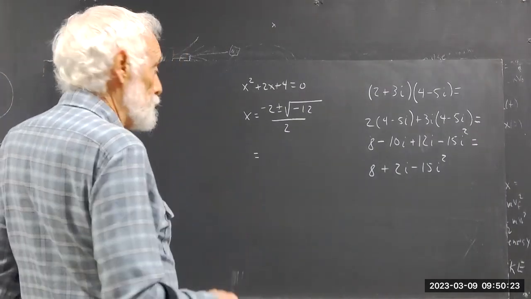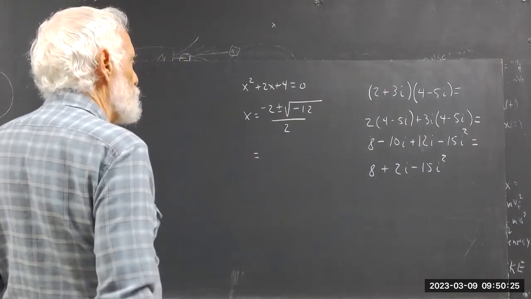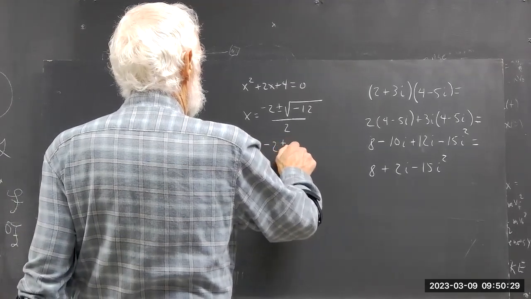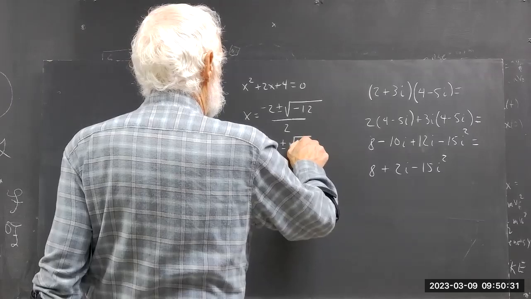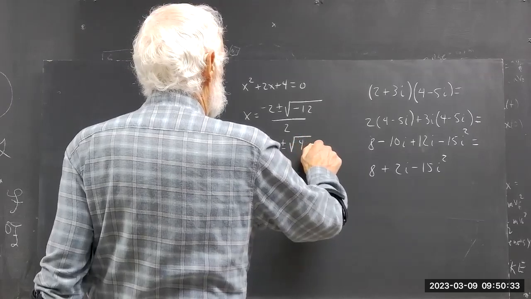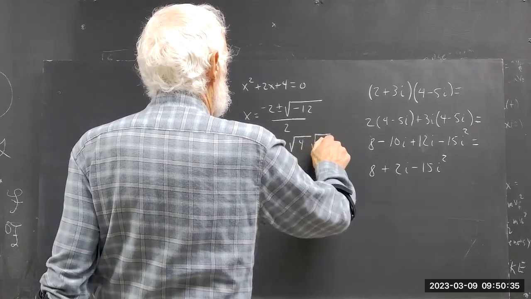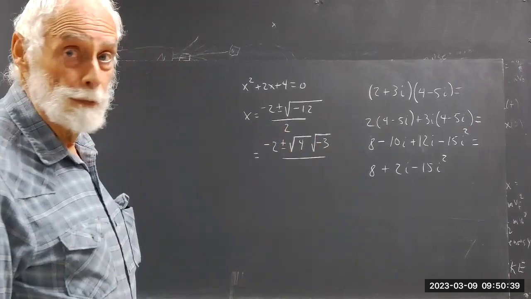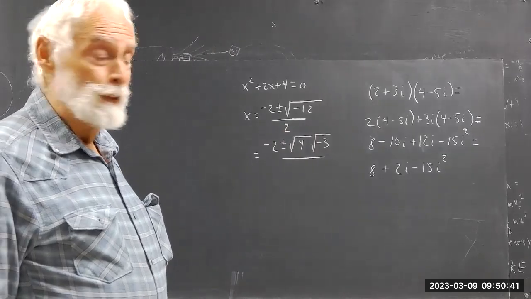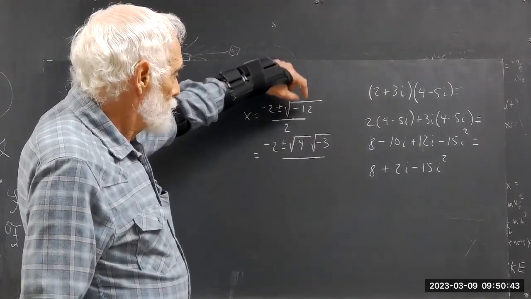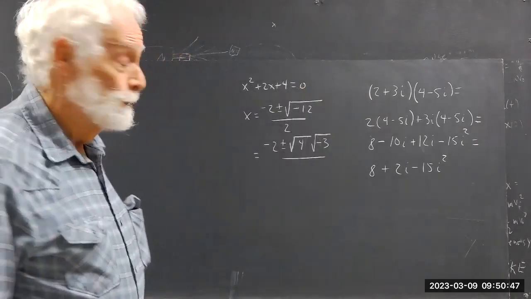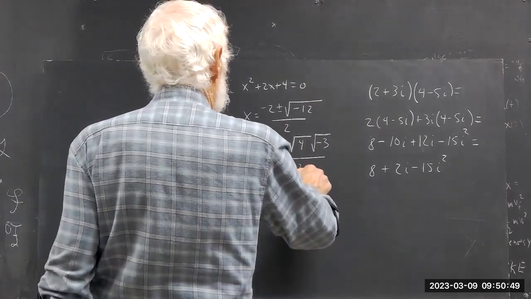Okay, well, in the first place, minus 12 is 4 times minus 3. And if you take the square root of 4 times minus 3, it's the same as the square root of 4 times the square root of minus 3. Why did I do that?